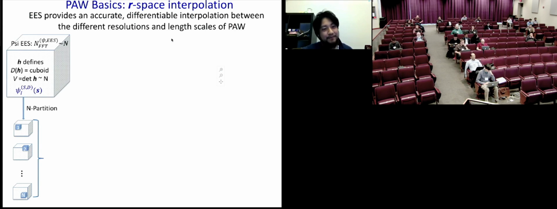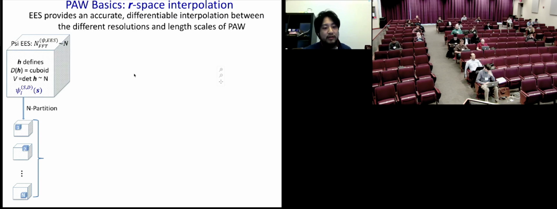So here, for example, you have a function in the real space, and it interacts with every atom. However, only a portion of the FFT grid interacts with some specific atoms.